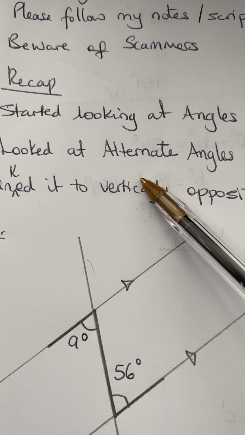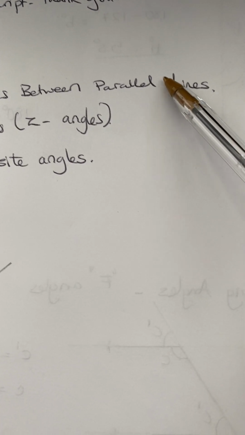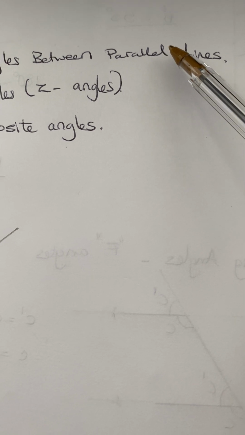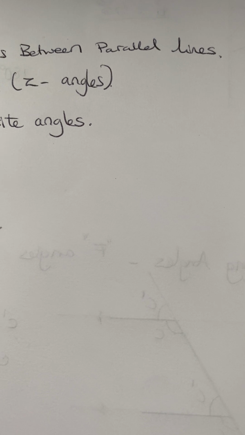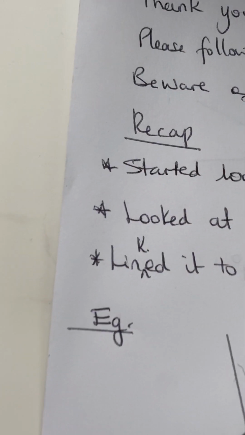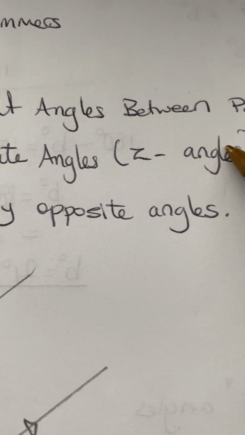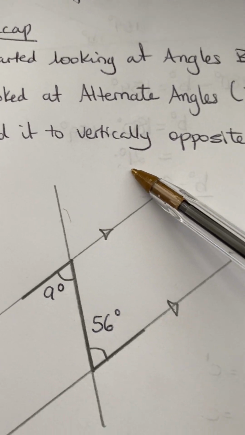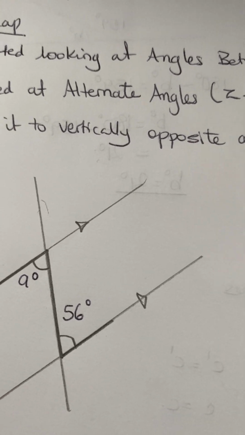And we say whatever we are learning is always true for parallel lines. Okay, and we do not apply them if the lines are not parallel. And I show you how parallel lines will look. Now, we looked at alternate and Z angles yesterday, and then we linked it to vertically opposite angles, which we did in the previous videos.